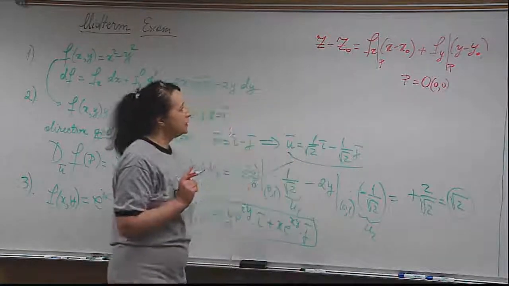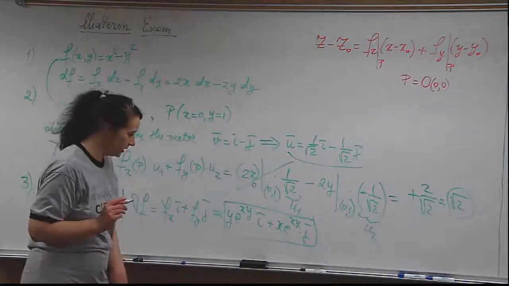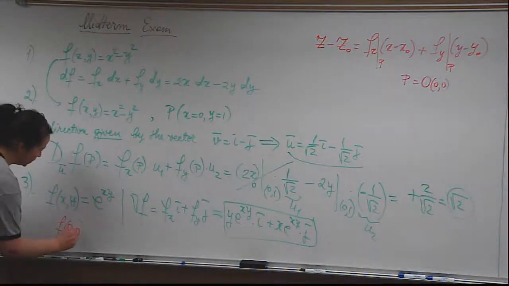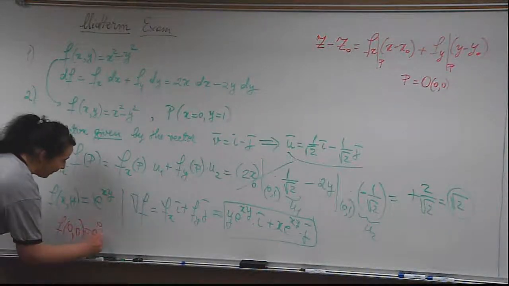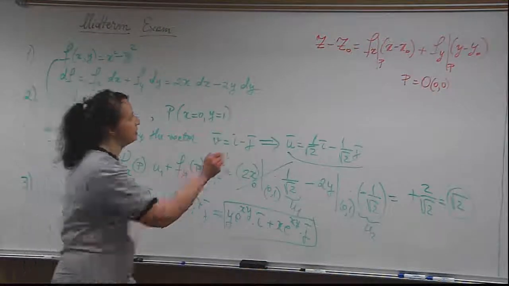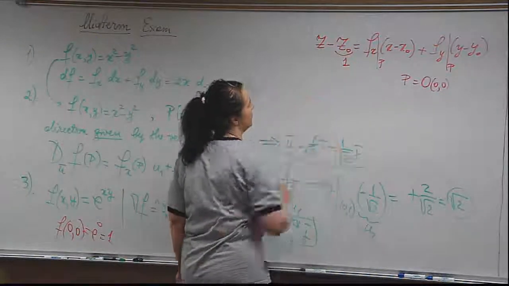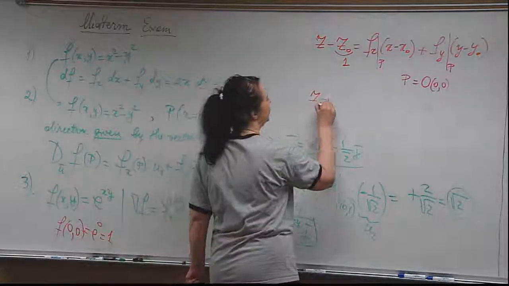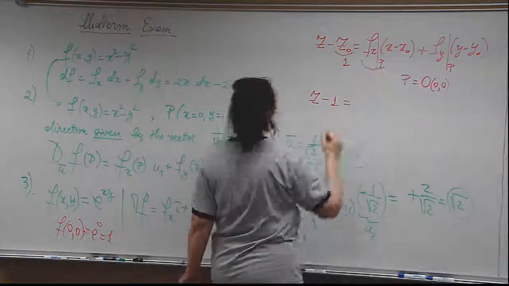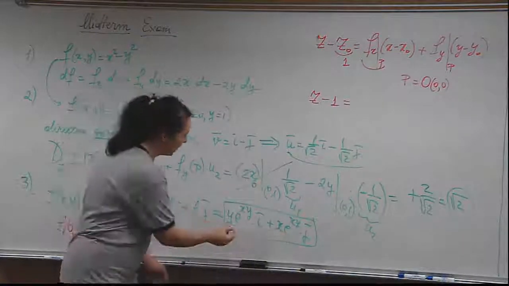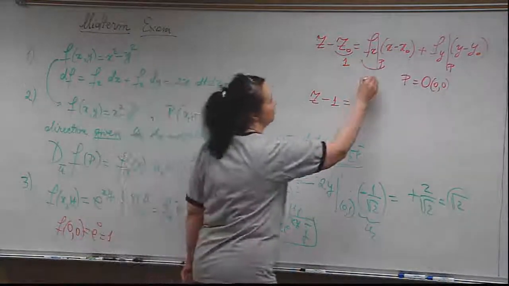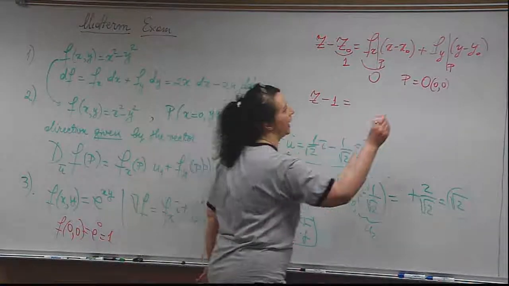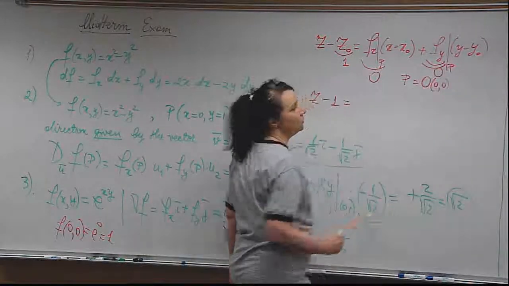Many people made a mistake at z0. Attention, guys, when you plug in 0, you don't get 0, for God's sake, you get 1. So z0 is 1. Now you're lucky in the sense that z minus 1 equals f sub x computed at (0, 0), which will be 0, lucky you. f sub y computed at (0, 0) is 0.